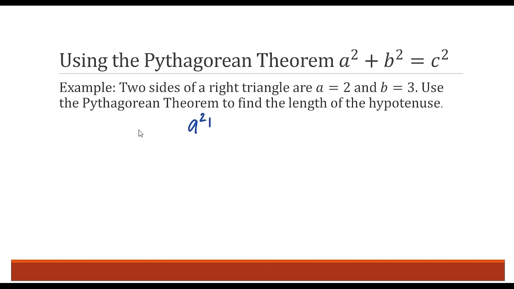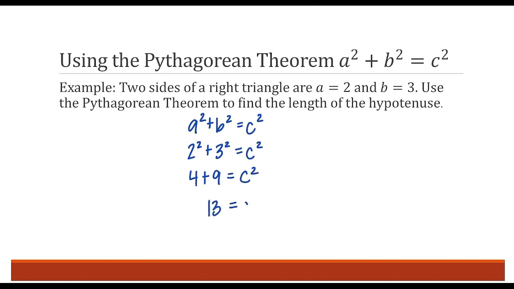So we start with a squared plus b squared equals c squared. So we end up with 2 squared plus 3 squared equals c squared. Well, this is 4 plus 9 equals c squared, or 13 equals c squared.